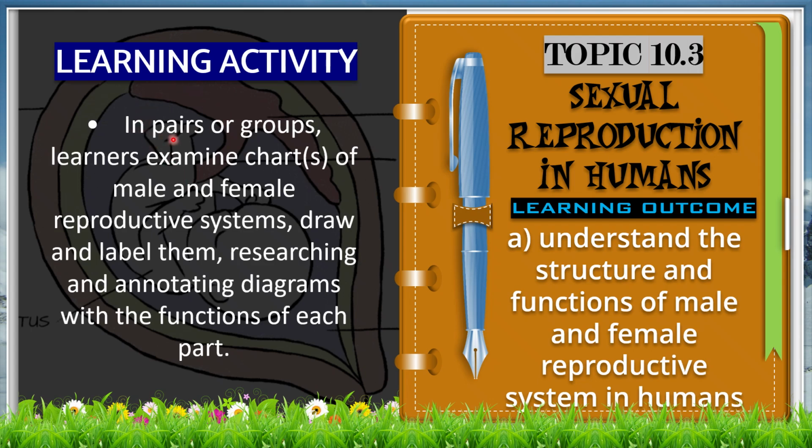In pairs or groups, learners examine charts of the male and female reproductive systems. They draw and label them, researching and annotating diagrams with the functions of each part.